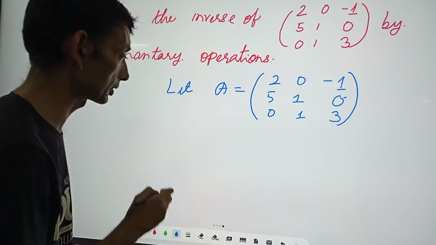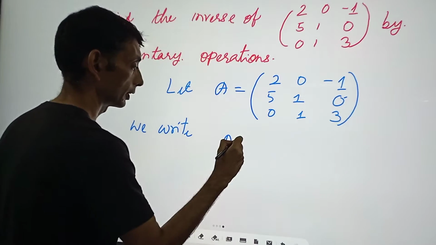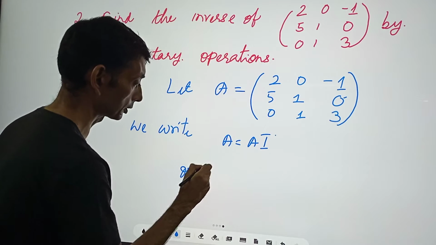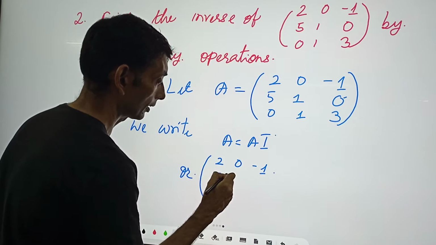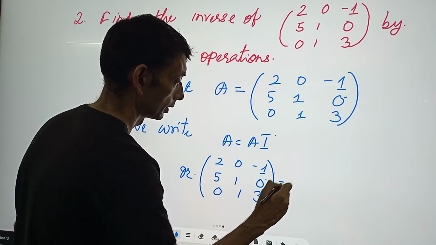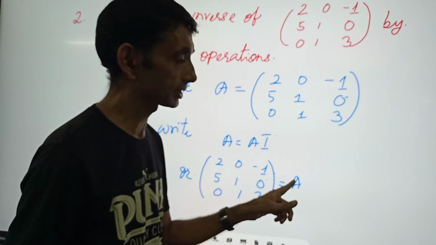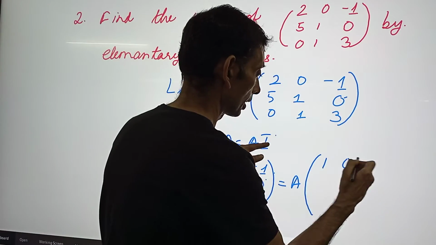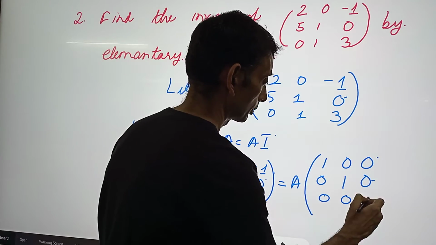We'll be using column operations, so we write A equals A I, where we replace the matrix as before. We don't need to replace A; let A remain as it is. So I will be a 3 by 3 identity matrix: 1 0 0, 0 1 0, 0 0 1.